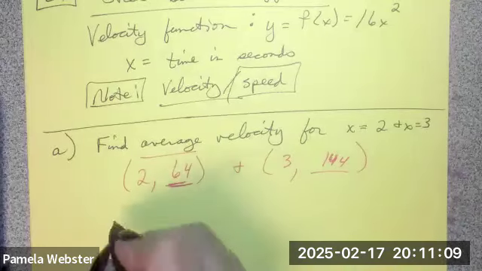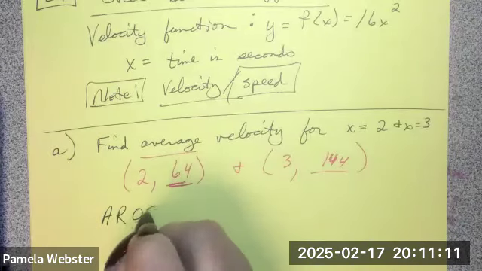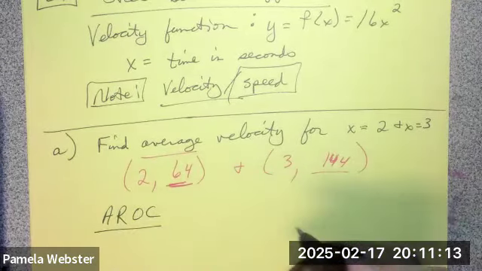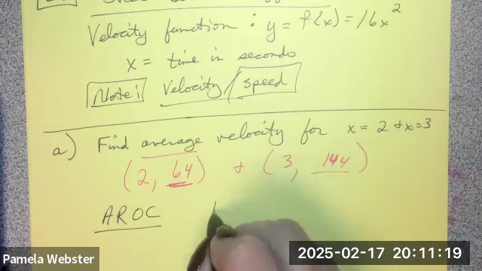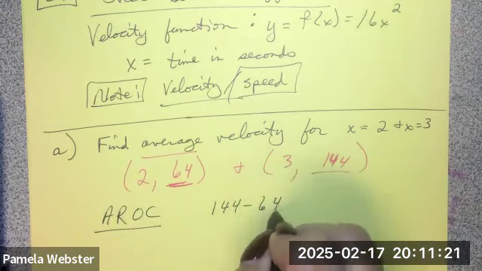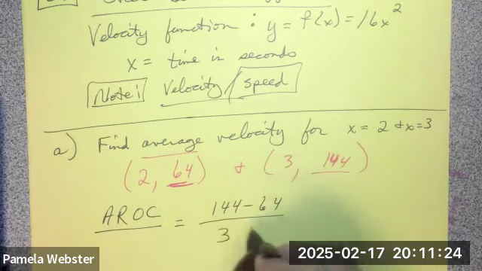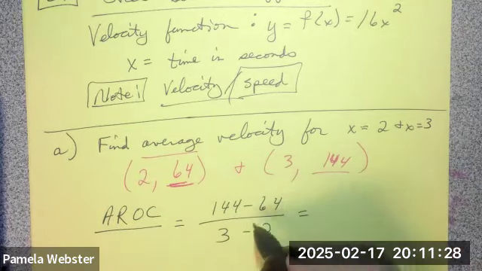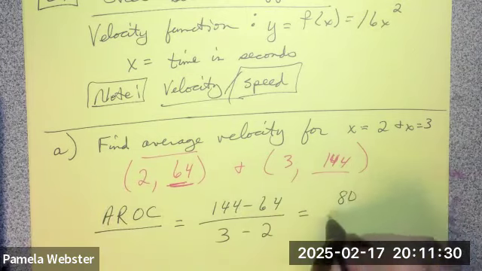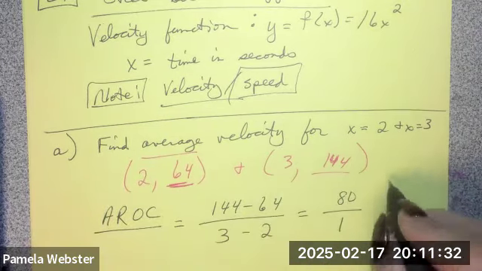Okay. Average rate of speed. Let's find our average rate of change. So let's find our speed here, average velocity. And I'm just going to subtract, right? 144 minus 64 over 3 minus 2. This is 80, right? Over 1.